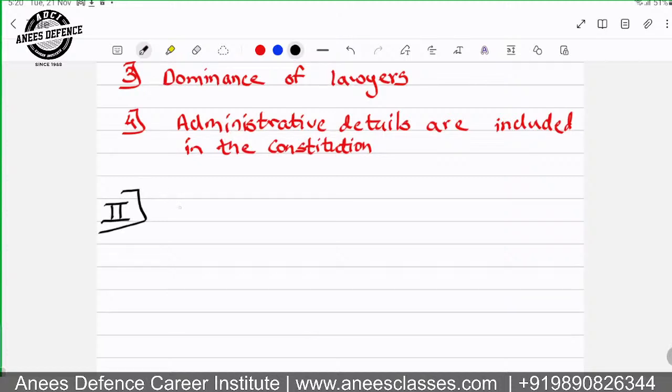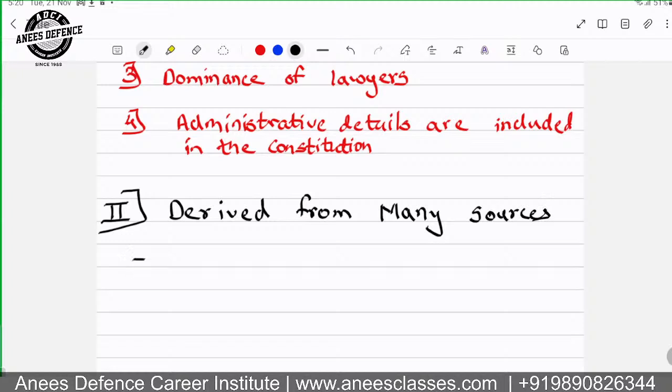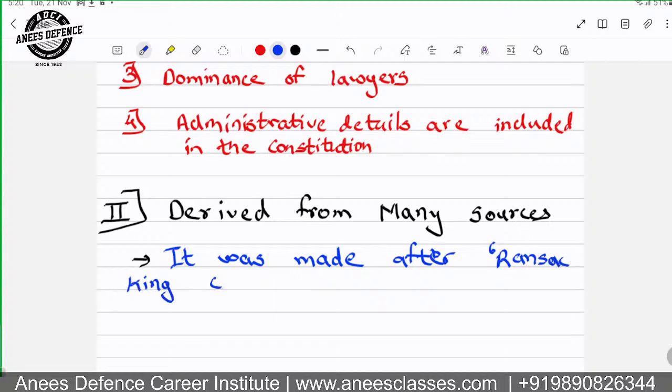Now, sources of the constitution. The constitution was derived from many sources. It was made after ransacking constitutions of 64 countries.